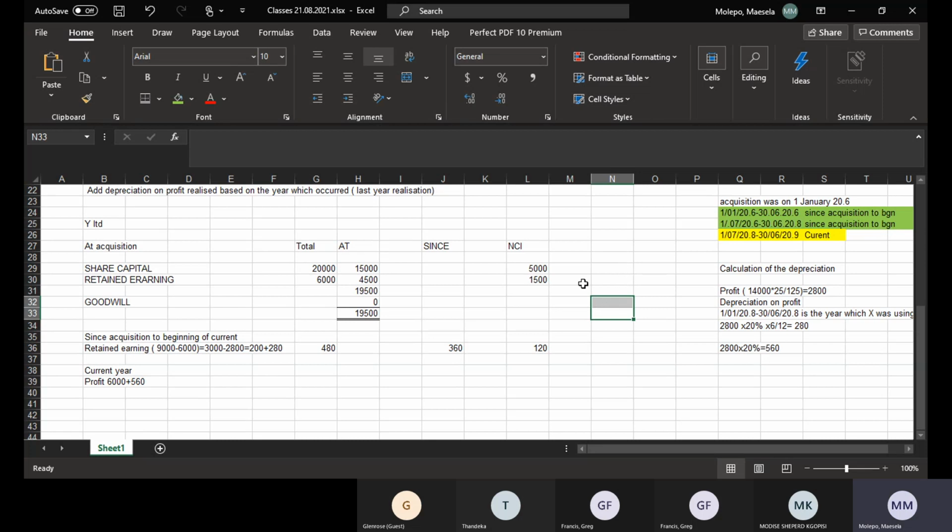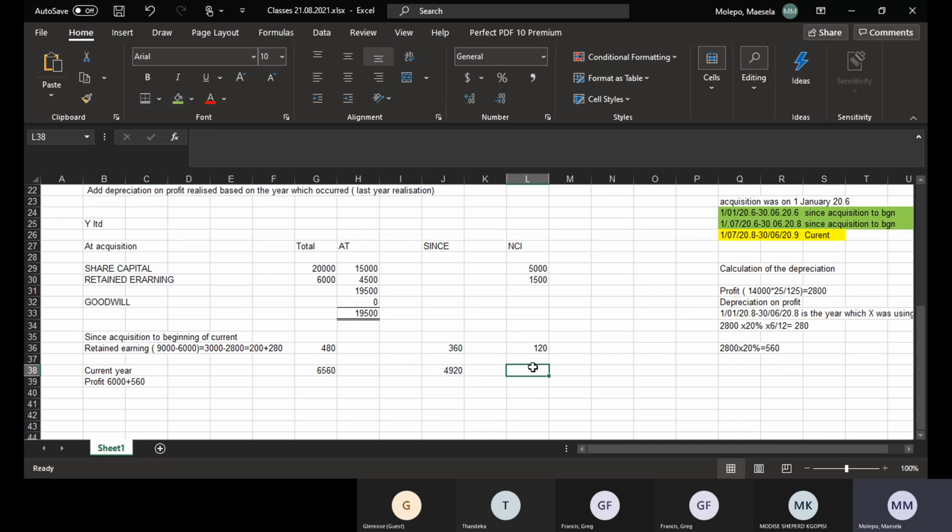And then we go further. Then here it means it will be the 6,560 as our total. 6,560, and then our since acquisition based on our percentage method will be the 4,920.